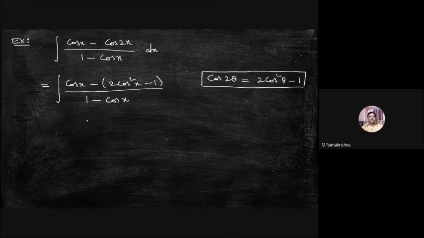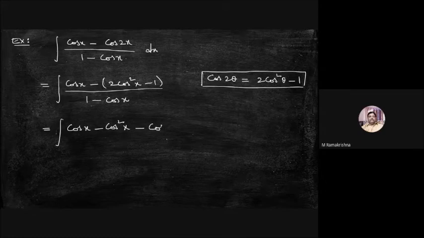When I replace that and arrange this, this is equal to integration of cos x minus cos square x minus cos square x plus 1 whole by 1 minus cos x dx. What I did, 2 cos square x, I wrote it as cos square x minus cos square x.